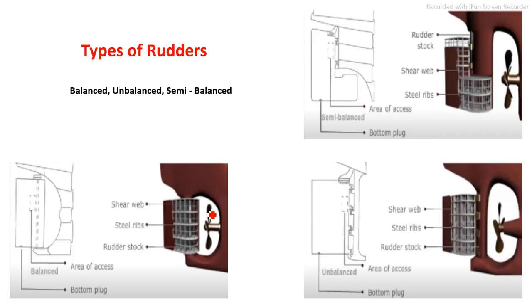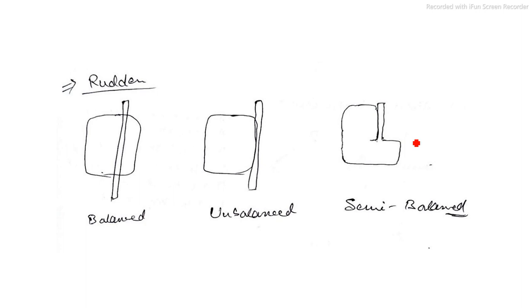This is just a diagrammatical representation to give you a pictorial view. In simple terms, you can understand from this diagram that this is the rudder stock and this is the rudder. If some portion of the rudder is on one side of the stock and the maximum portion is on the other side, then it is a balanced rudder.